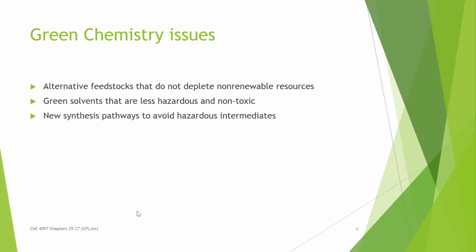But you could look at alternative feedstocks that are not going to deplete renewable resources, so biofuels fall into that category. Solvents that we use, maybe there are some solvents that are less hazardous and non-toxic that would be a better choice. Or although one synthesis pathway may be the most economical, maybe it's not the best because of the hazardous intermediates.